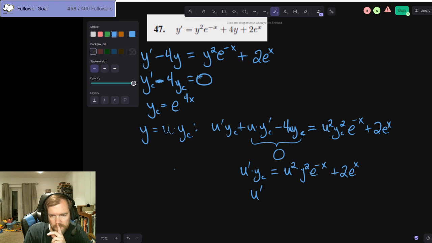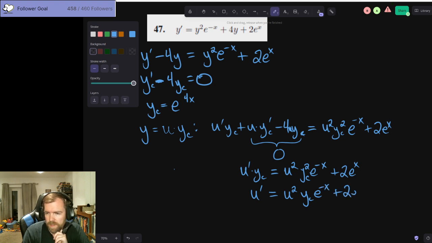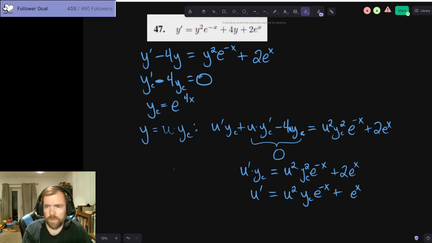Yeah, we can't do this, at least not with what it's trying to do. Right, u squared times y sub c e to the negative x plus 2e to the x. Oh, over, removed a y from that one, so 2 over y.